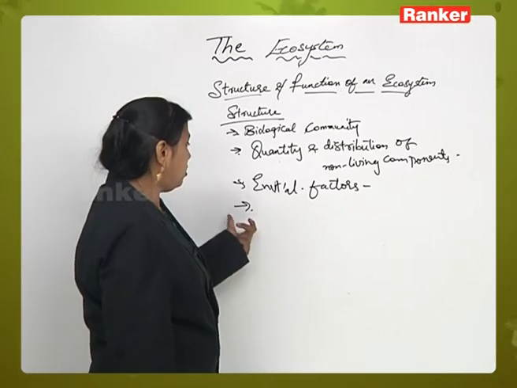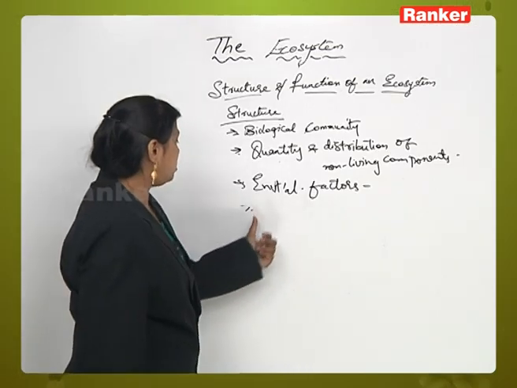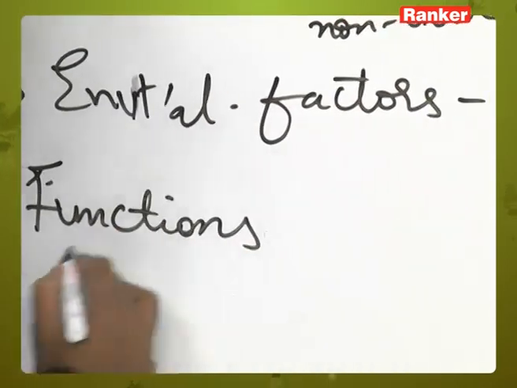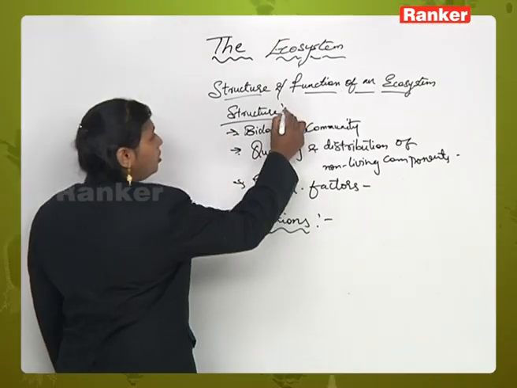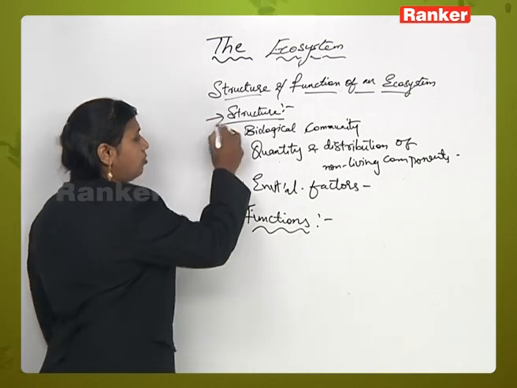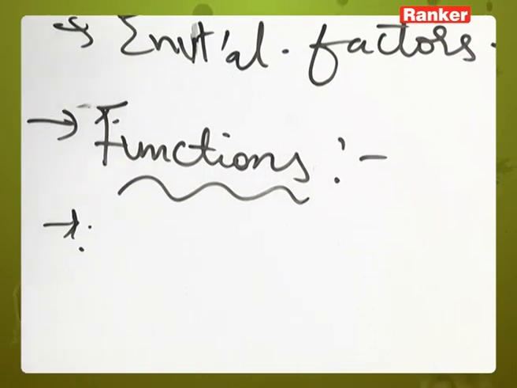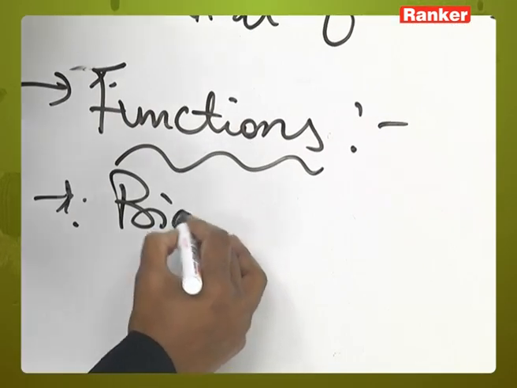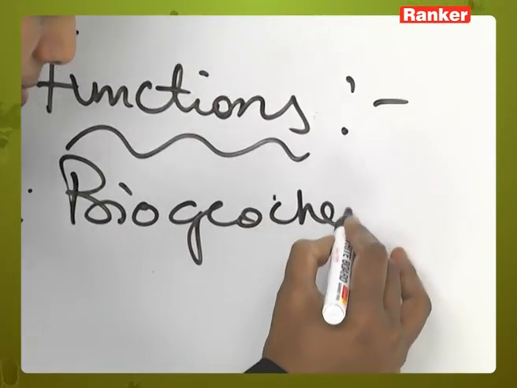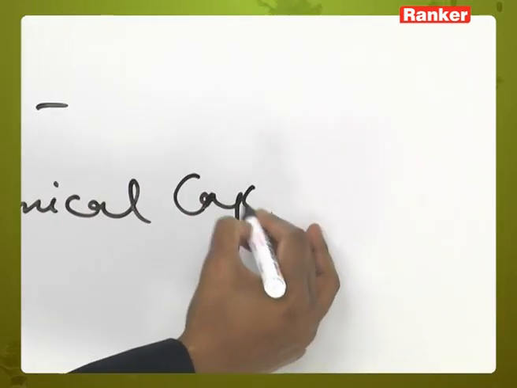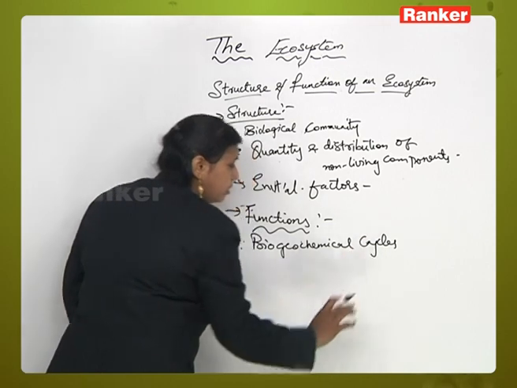Next we will talk about the functions of ecosystem. Now when we talk about functions of ecosystem, what are the functions here? In this we will talk about the biogeochemical cycles. What are biogeochemical cycles here?